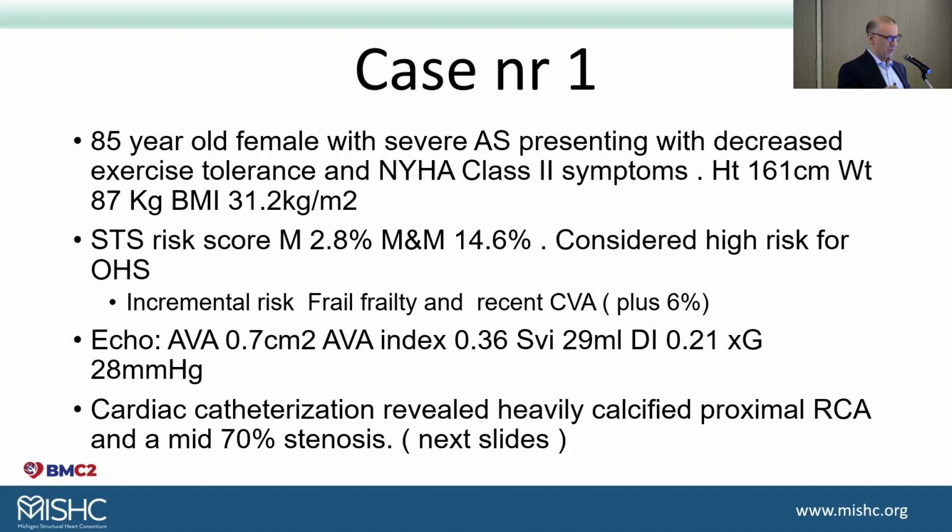She failed the CAT score, frailty, and a recent CVA. So the heart team felt she was high risk, ideal for TAVR. I'm not going to get into the details of the whole why TAVR. Valve area 0.7, area index 0.36, mean gradient classic low, paradoxical low flow, low gradient AS, and a cardiac catheterization, which I'll show you, showing a heavily calcified proximal RCA and mid stenosis.